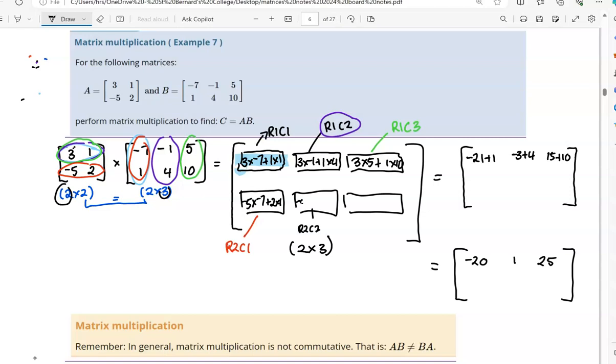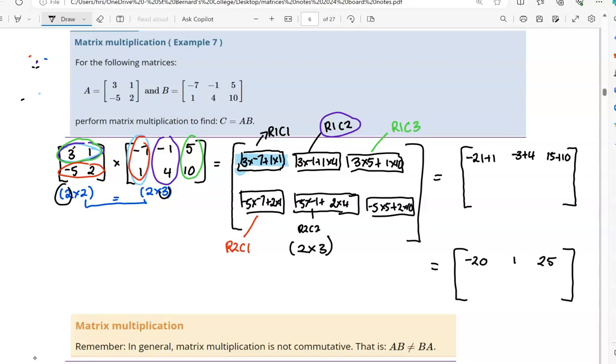So it'll be -5 times -1 plus 2 times, what was that, 4. Okay, and this last one would be -5 times 5 plus 2 times 10.